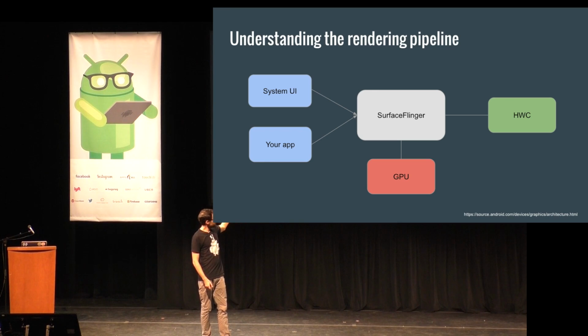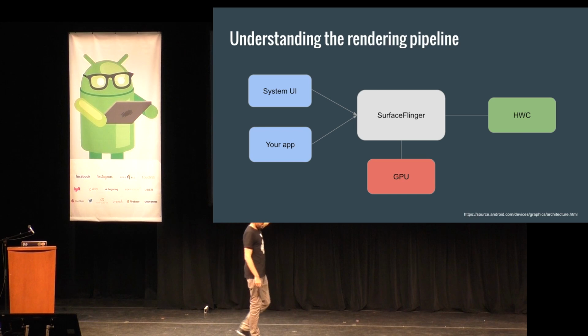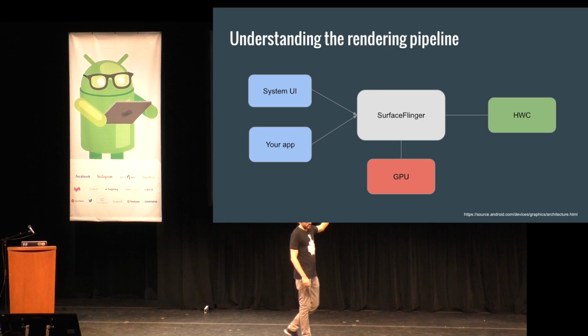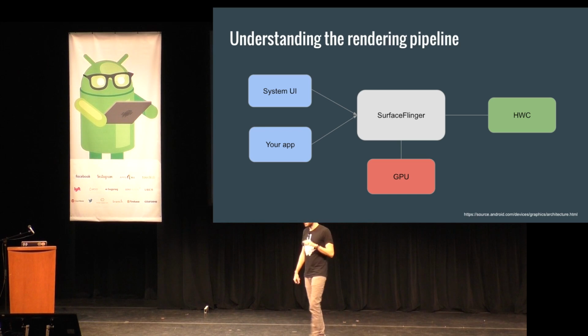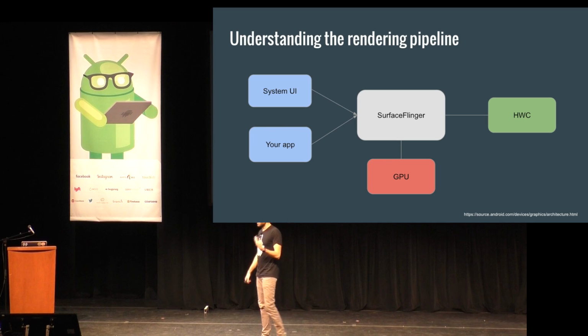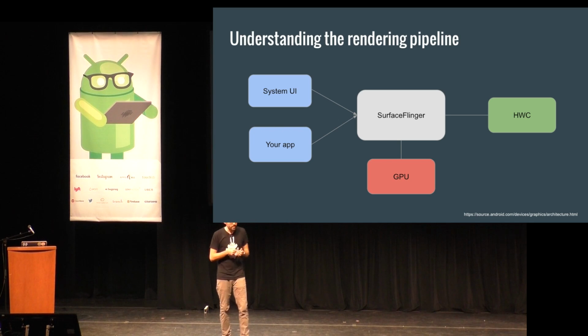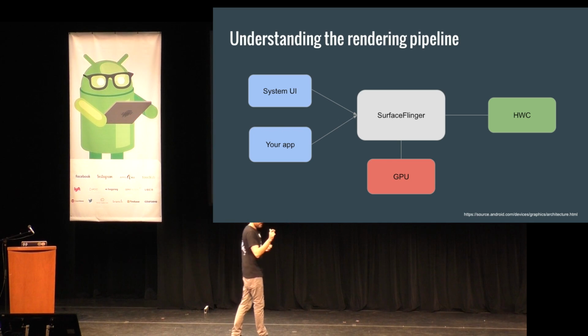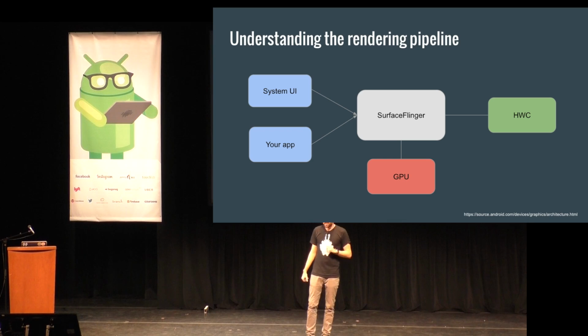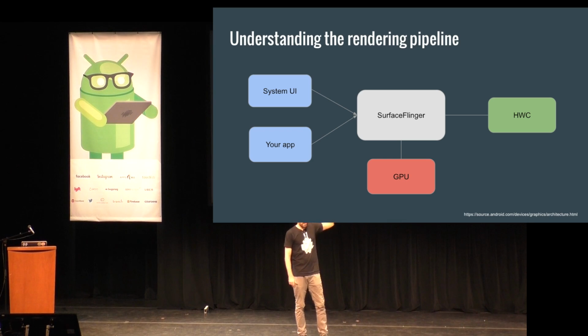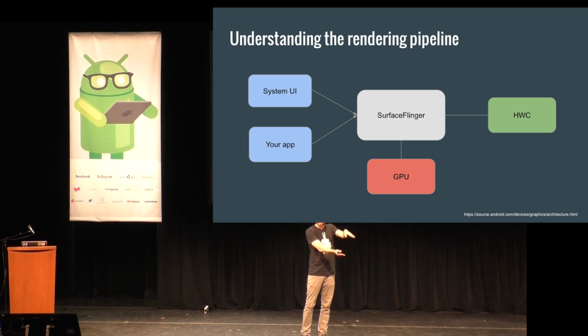It's going to take that list of layers and pass it to the hardware composer. The hardware composer is actually a little piece of hardware that's controlled by the display manufacturers, so it's part of the hardware of the display. But it has a little CPU in there, and it can do some tasks. One of the tasks is, when Surface Flinger asks, hey, can you draw these layers?